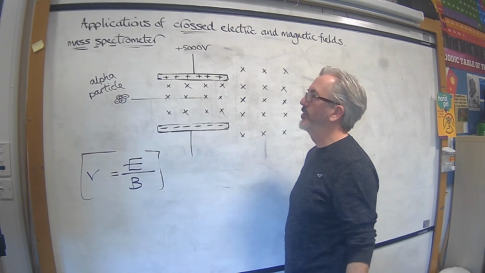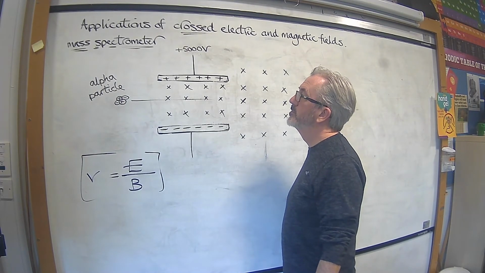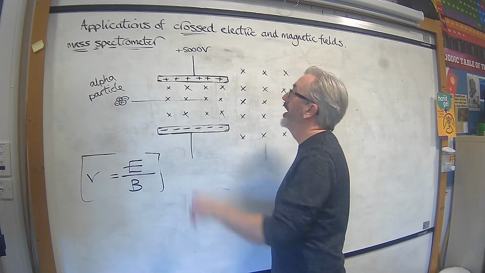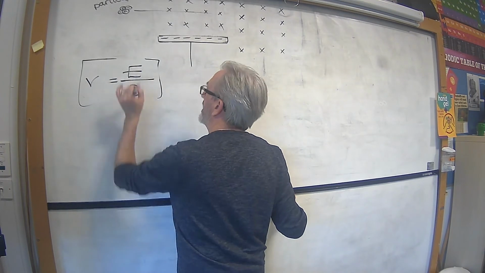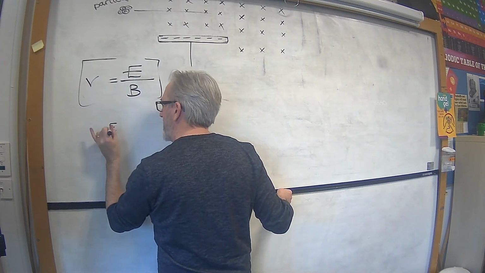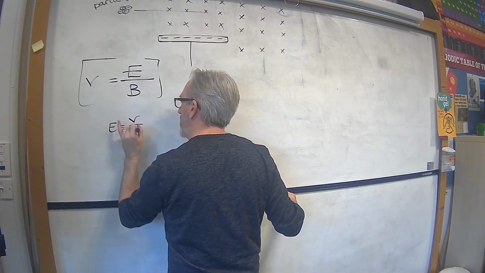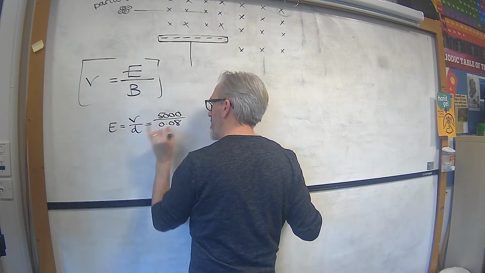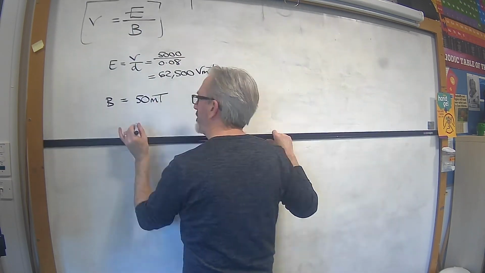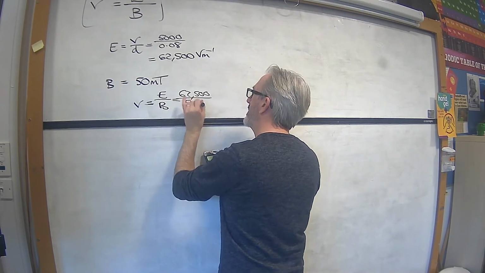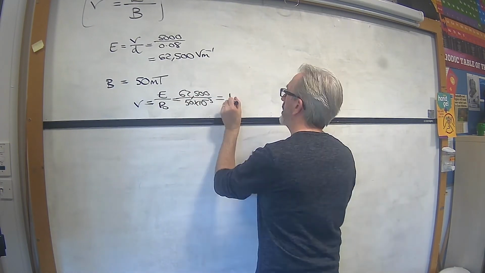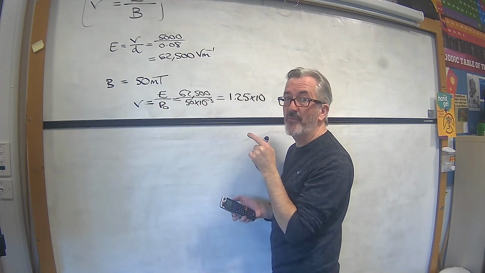And we worked out what that velocity was for our electron. It'll be the same. Remember, the electric field strength, E equals V over D. Doesn't matter that it's an alpha particle this time.